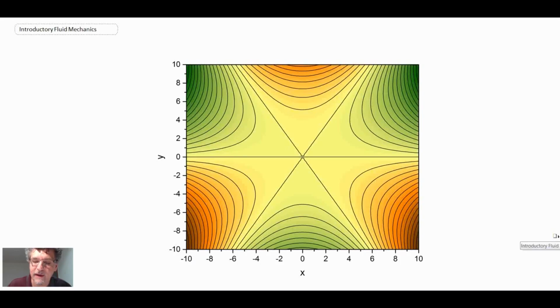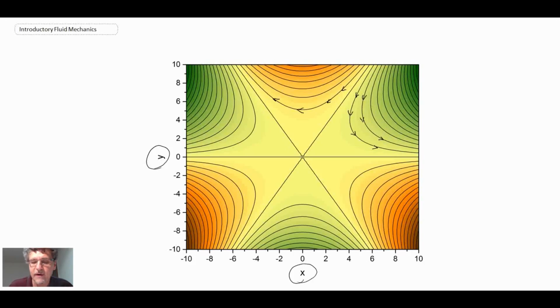And if you look at it in color, it looks something like this. And notice we have x plotted here and y there. So the velocity vector would be tangential and moving in these directions here. So all of these would be streamlines within our field, and the contours are shown there.